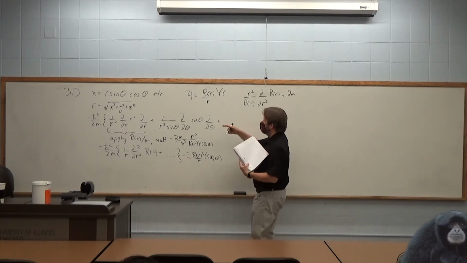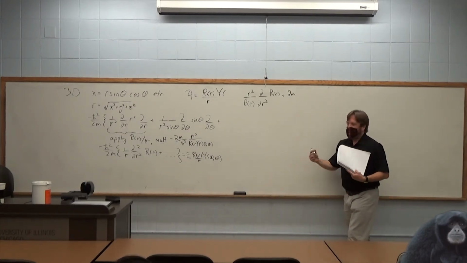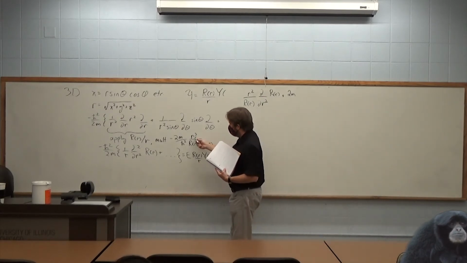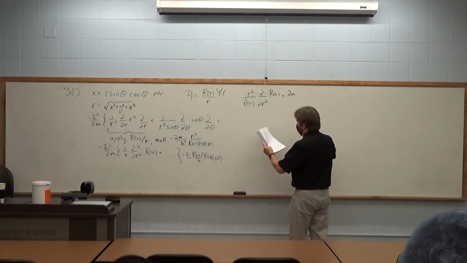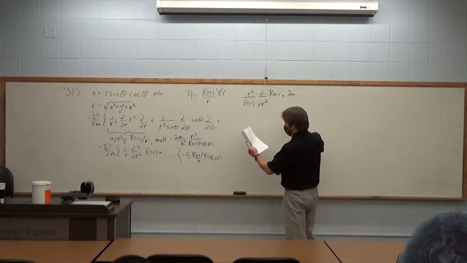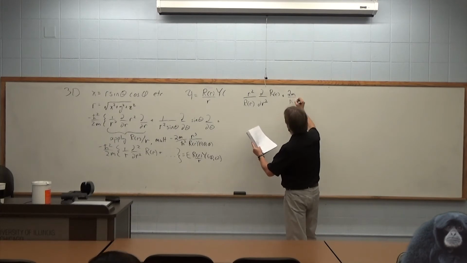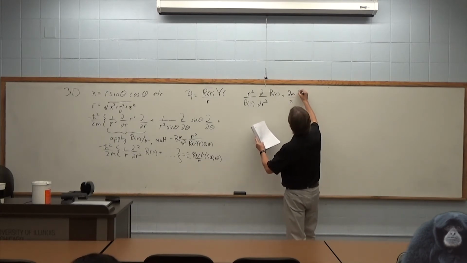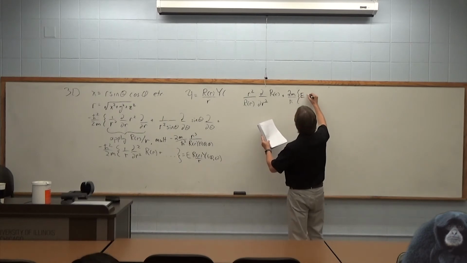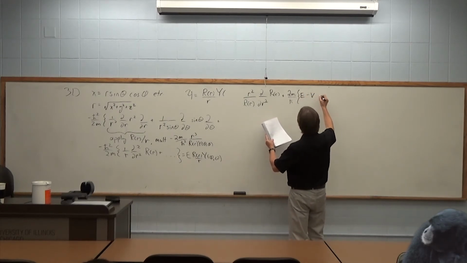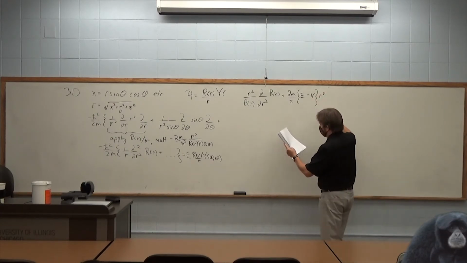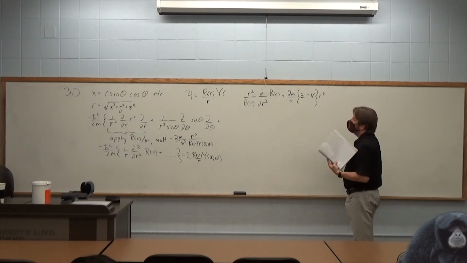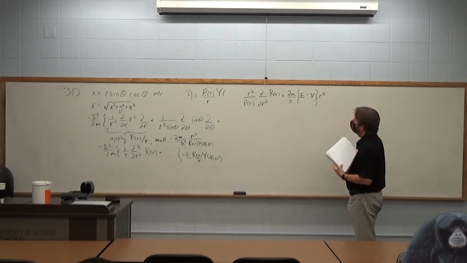Now, the energy, which is gone, is now part of the radial because it gets multiplied by that. So we should have a 2m over h bar squared because we multiplied the energy by 2m over h bar squared. There's the energy. And I'm going to include the potential just in case. It's not really there, but I'll keep it just in case. And r squared.